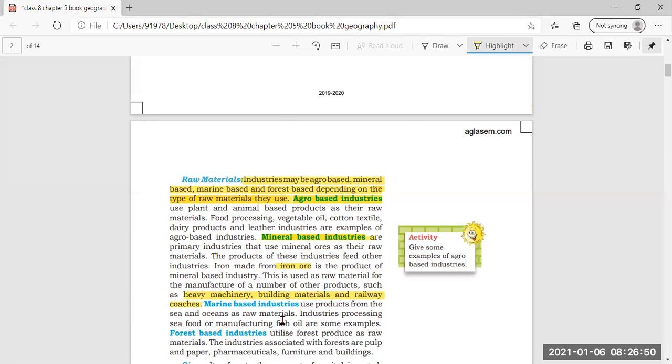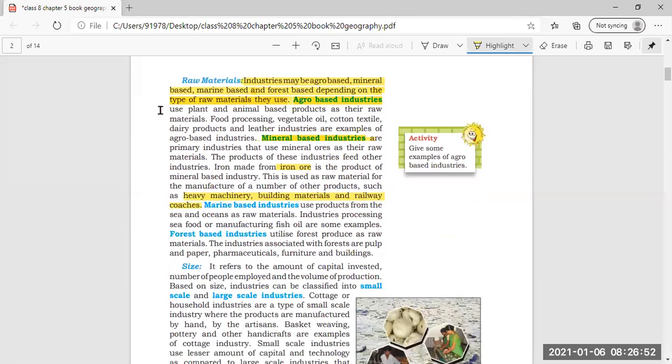Then marine based industries. The third category of raw material industry is marine based, that is the raw material we get from water. They use products from the sea and ocean as raw material. Industries processing seafood.